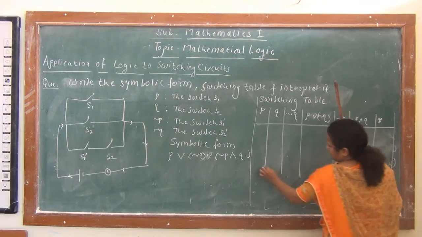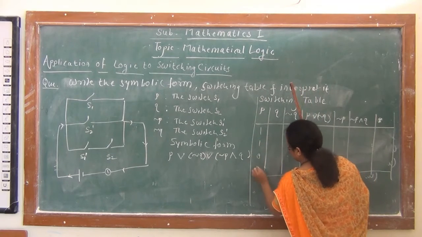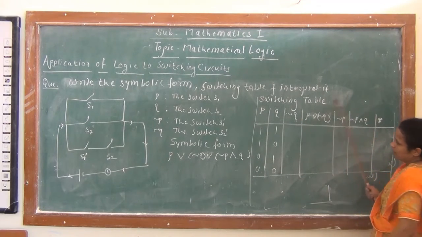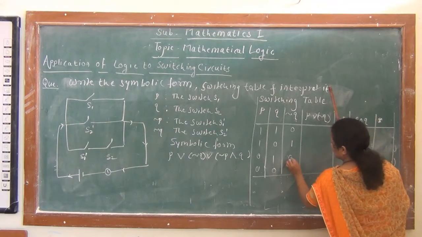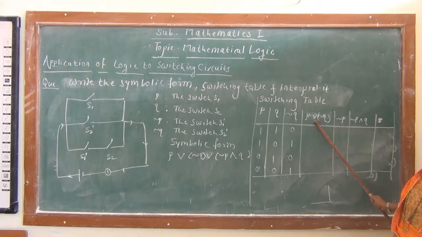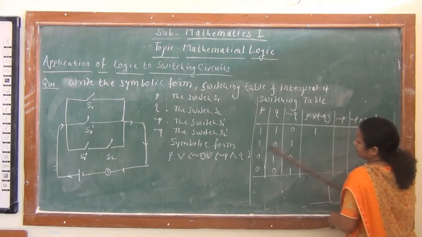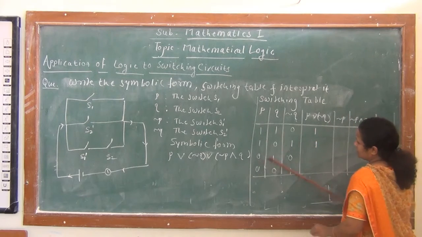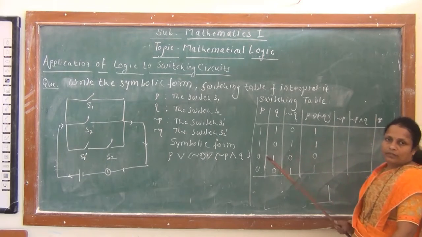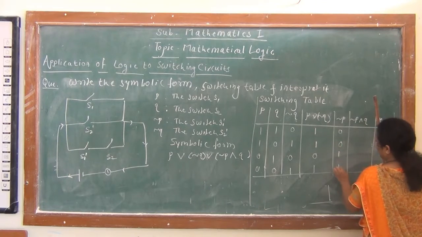So for the switching table we use 1 0, that is 2 times 1, 2 times 0, and 1 0 1 0. Now negation Q, negation of 1 0 1 0 is 0 1 0 1. Now we use the column P or negation Q. So P or negation Q: 1 or 0 is 1, 1 or 1 is 1, 0 or 0 is 0, 0 or 1 is 1. Now take negation of P, that is 0 0 1 1.